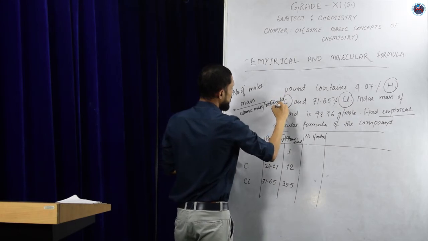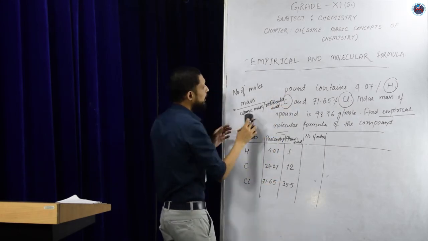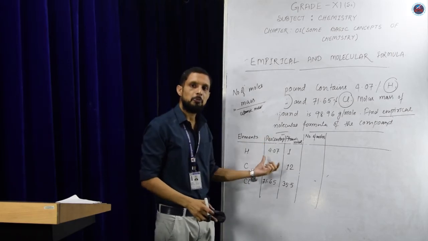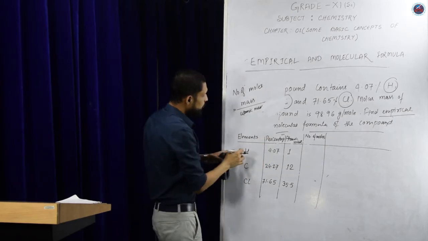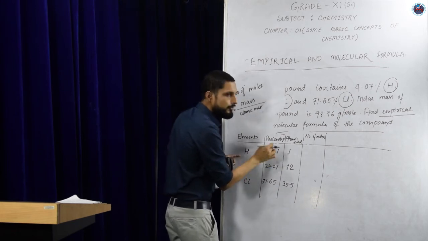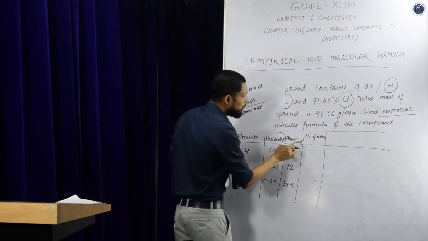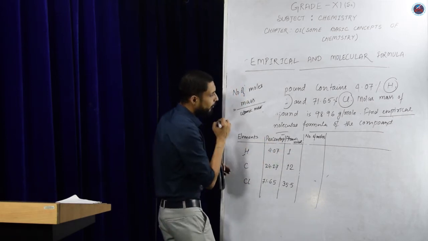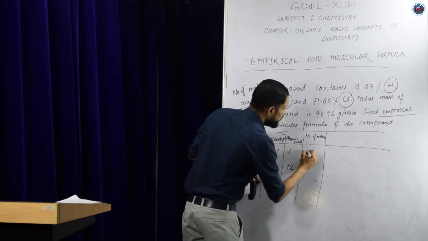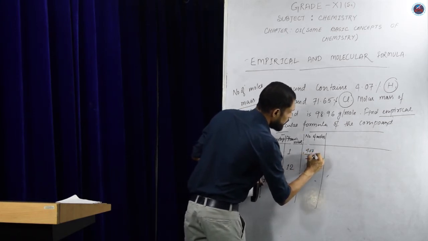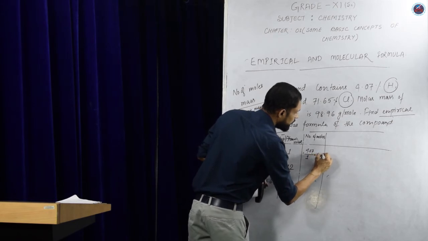Since we are taking atoms, we will take atomic mass. Now the mass is given in terms of percentage. So the mass of hydrogen is 4.07 and the atomic mass of hydrogen is 1. So the number of moles of hydrogen will be equal to 4.07 divided by 1, which is equal to 4.07.